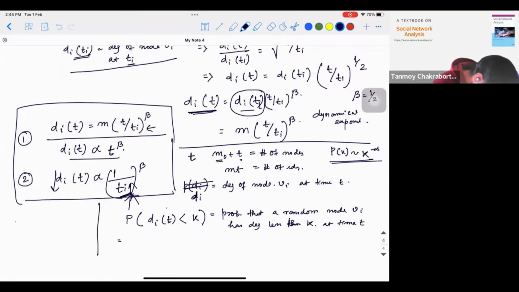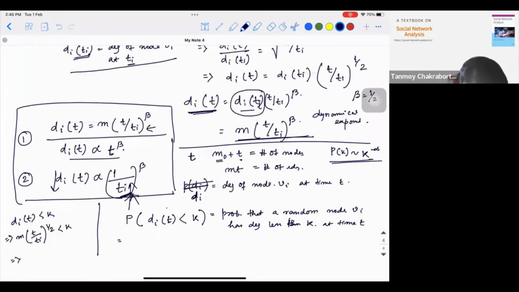Let's do the calculation separately. di(t) less than k, and we have already seen that di(t) is nothing but this one. So this is m times (t by ti) to the power half, less than k.